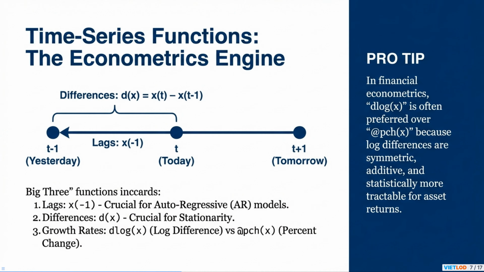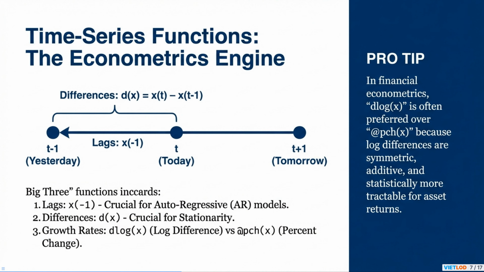The big three time series functions are essential. First, lags, denoted as x-1, represent the value of the variable in the previous period. They are the building blocks of autoregressive, or AR, models. Second, differences, using the d of x function, calculate the change from the previous period, as in x of t minus x of t minus 1.